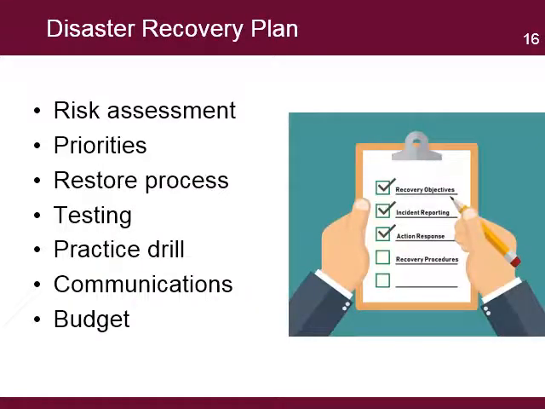The disaster recovery plan should contain the following elements the team can execute in case of a disaster: a risk assessment to identify possible events and their impact, established priorities for reestablishing the system or systems, a process to restore the system from backups, including the replacement of hardware, a process to test the system, a practice drill to test the plan and the recovery of the data and the system, a communications plan to inform stakeholders about the recovery process, and a budget reserve to cover the cost of the recovery process.